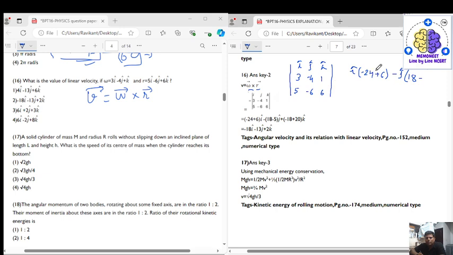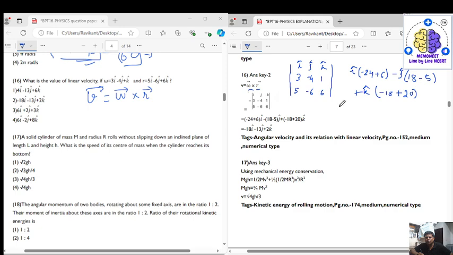minus 5 into 1 is 5. Then plus k cap, leaving the column of k and i j k row, multiplying this will give you minus 18, minus 5 into minus 4 is minus 20, and this minus will become plus 20.